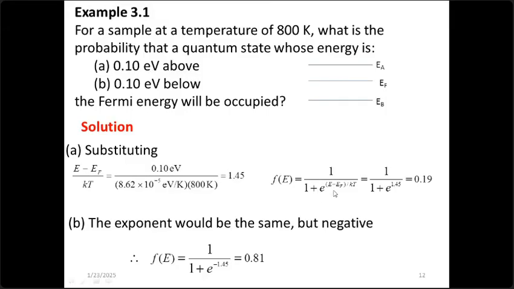If I can use a diagram, we are considering two states, one above the Fermi level, one below the Fermi level. So we ask, what is the probability it will be occupied? Yes, somebody is asking a question.